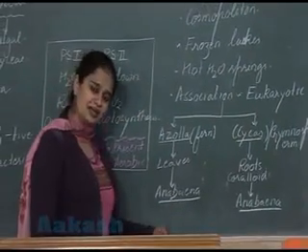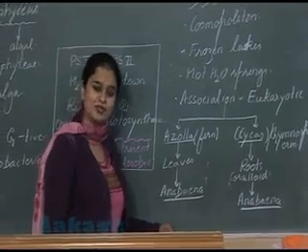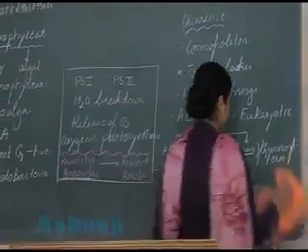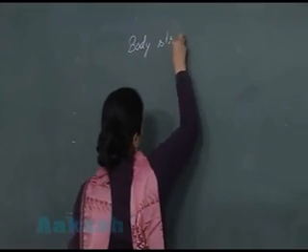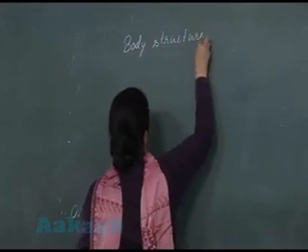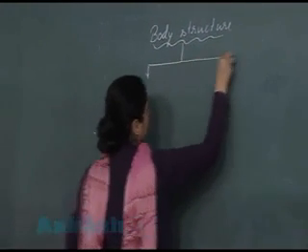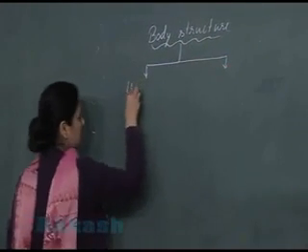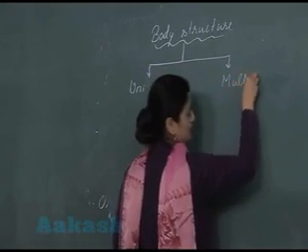Now after the occurrence, I will deal with the body structure of cyanobacteria. Cyanobacteria can be unicellular or multicellular.